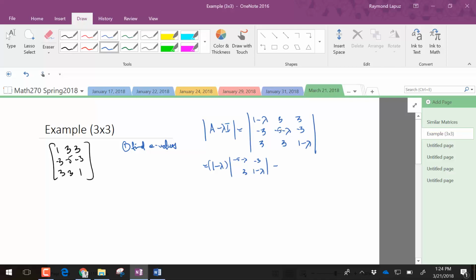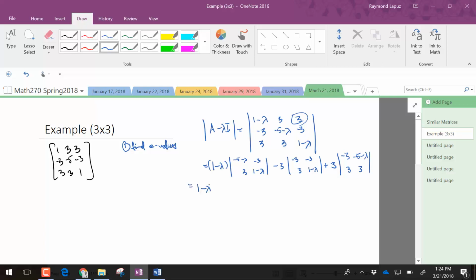And then the next term will be negative. I'm expanding on the first row. And then I have a -3, -3, 3, 1 minus lambda. And then the last term would be a +3, expanding on the last column in the first row. And I have a -3, -5 minus lambda, a 3 and a 3.